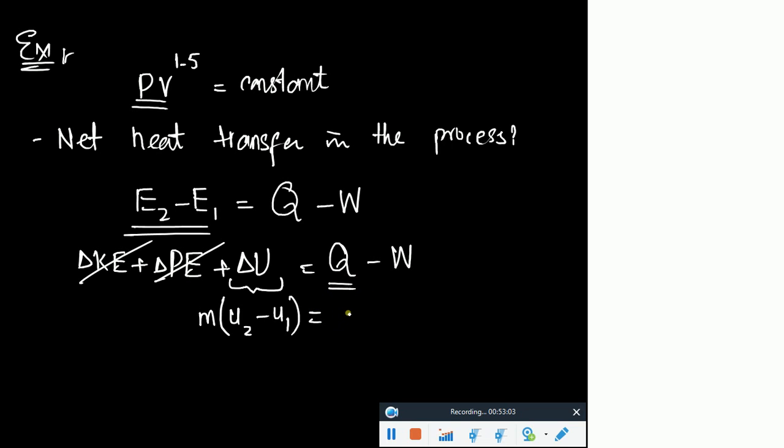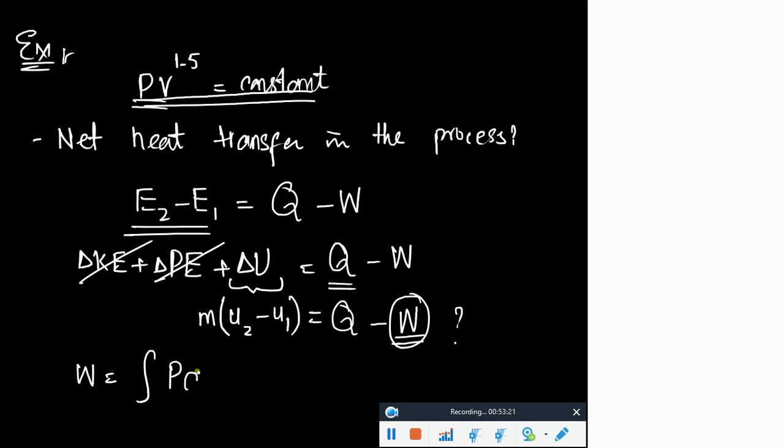And what about that Q? That is to be found out. And what about that W? How can we find that out? Obviously we need to integrate this. We have a process, and we can find out work by integrating what? If you remember, that was the relationship.